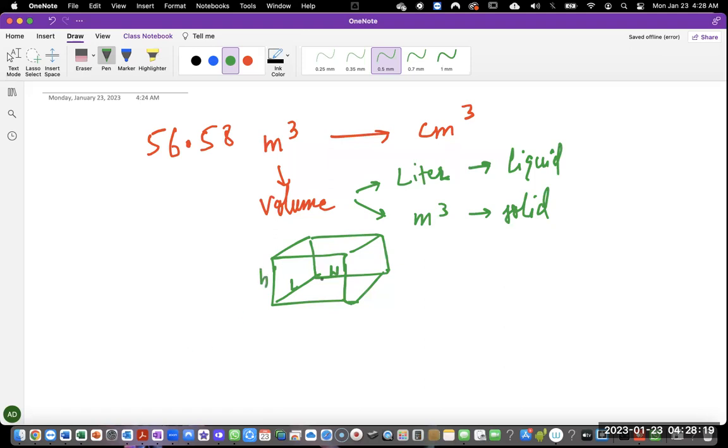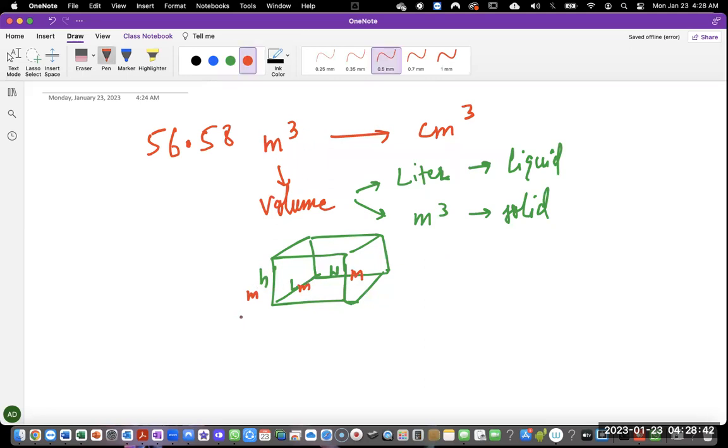So you have 3 sides, 3 dimensions that you need to multiply. If the height is in meters, the length is in meters, and the width is also in meters, you will multiply all those 3 sides to get the volume of this cube, right? So that's where this is coming from.